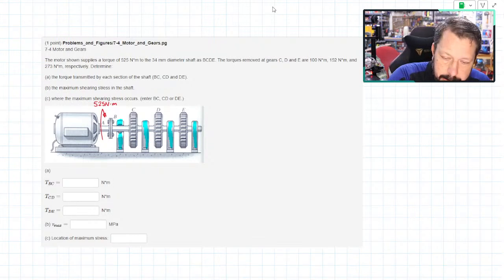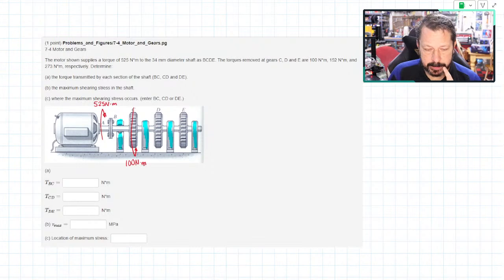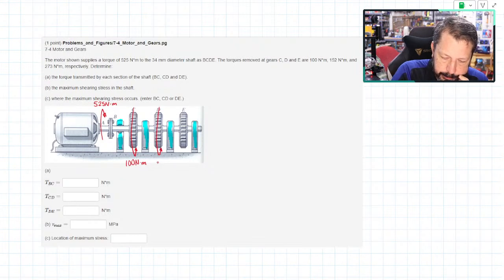And according to my problem, whatever is being powered by C is using up 100 Newton meters of my 525 Newton meter input torque. D is 152, and E is 273.